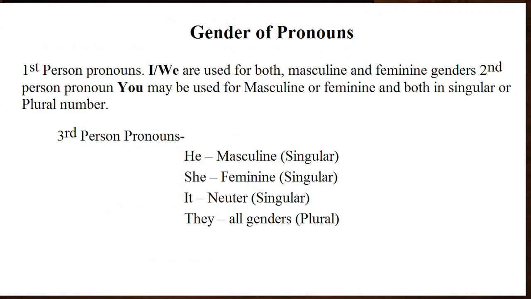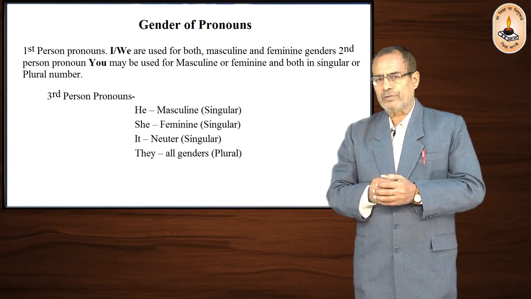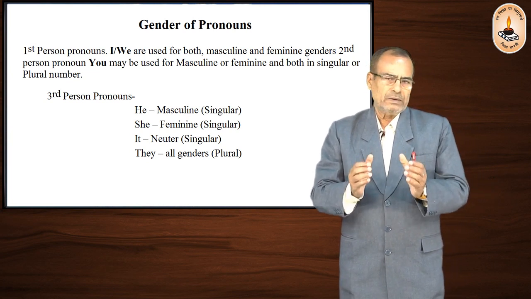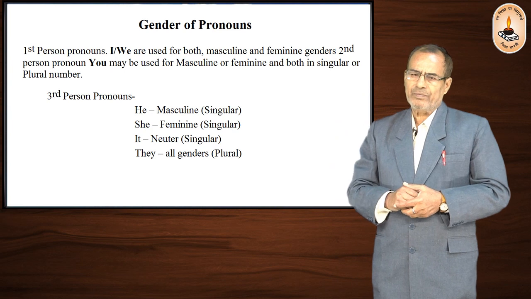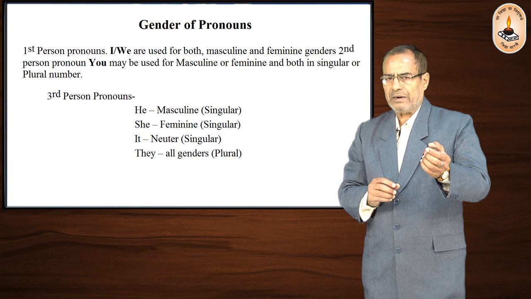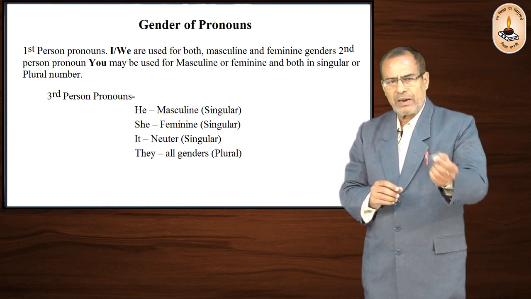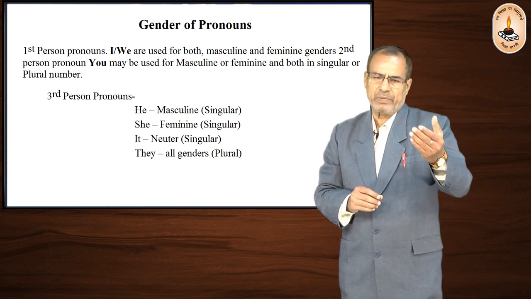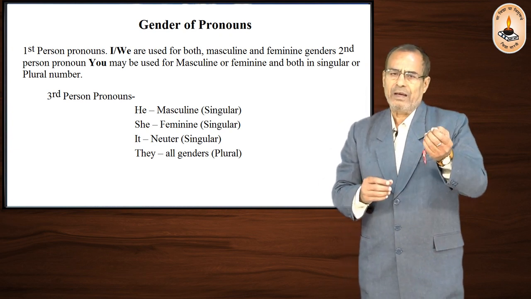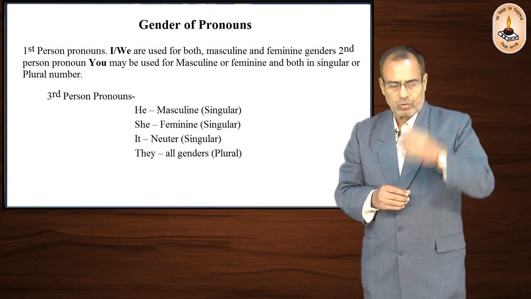It stands for neuter. We use the word it for non-living things and small animals whom we cannot diagnose and identify as male or female by simply looking at them, just as an ant, a cockroach.